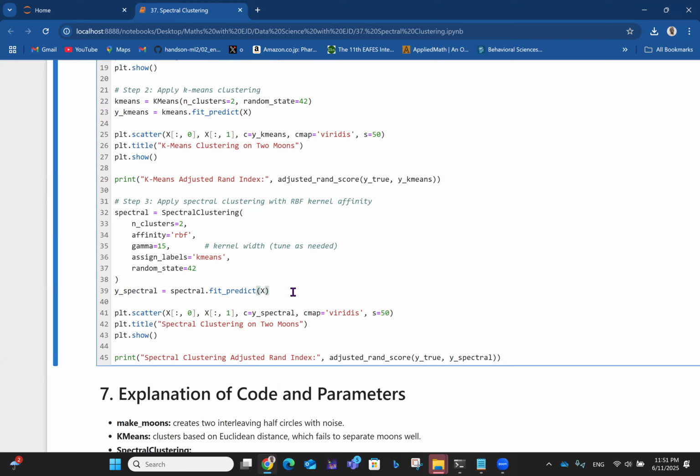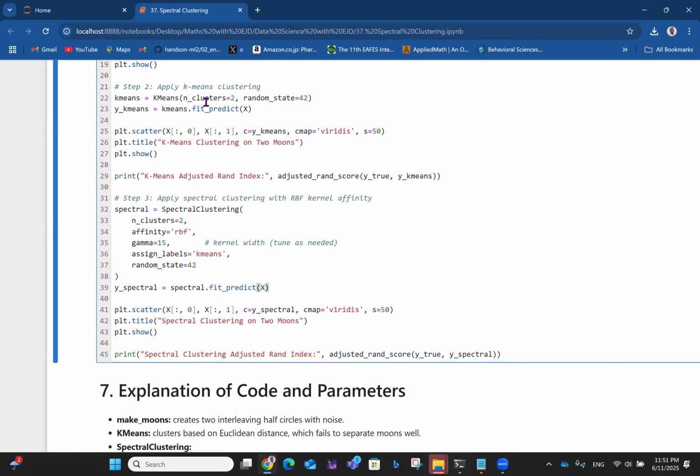And this is where you train the spectral clustering model with the data you have, that same X you have up there. Then we also plot that and see the spectral adjusted rand index to see which works better.